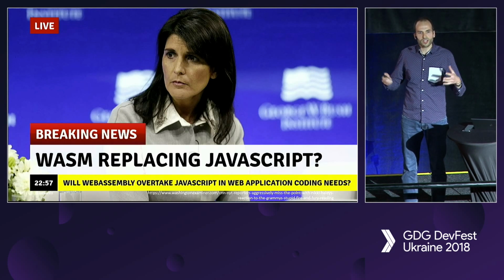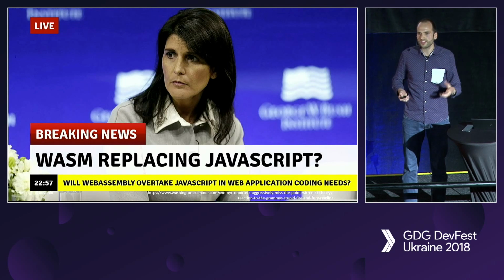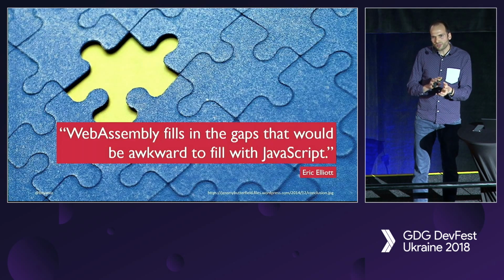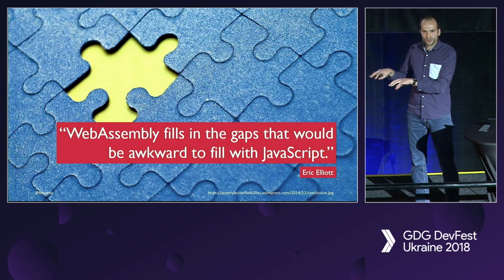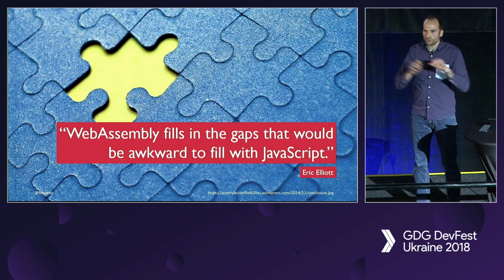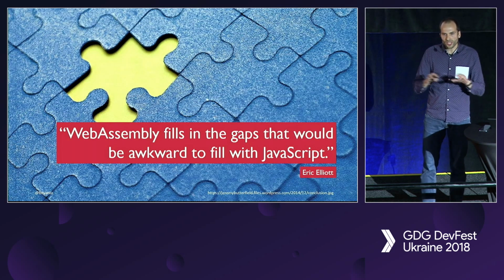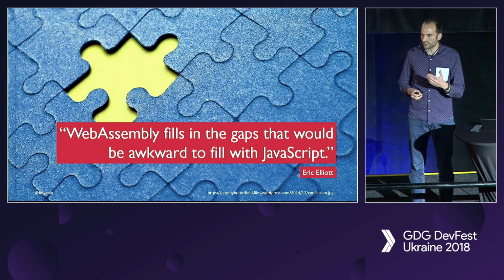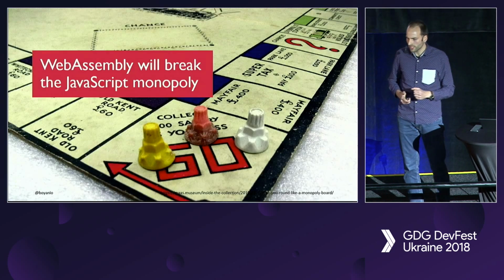We have spent really a lot of resources developing JavaScript as a language. So I don't believe it's something that is going to disappear, at least for now. But WebAssembly comes here to fill some gaps that are kind of weird to do with JavaScript. You can do everything with WebAssembly that we can do with JavaScript and vice versa. So you can't do anything more than that. But you can do some things better and faster, and you can reuse code.